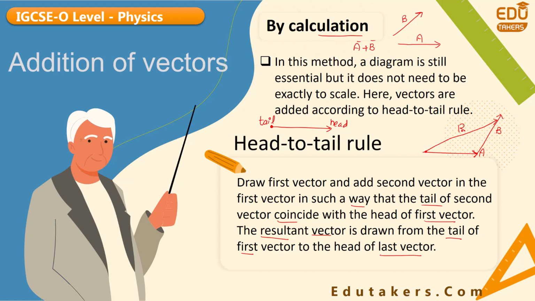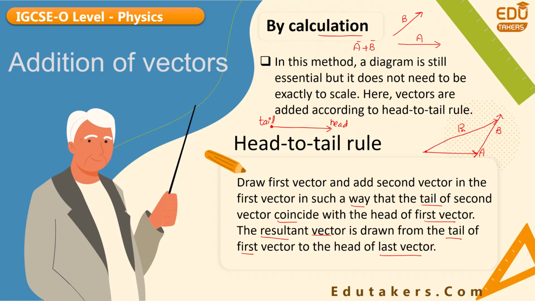So this method is basically the vector addition by calculation. You just need to follow the head to tail rule, which is that you draw the two vectors according to the given scale in the question. Then add the second vector to the first vector in such a way that the tail of the second vector will coincide with the head of the first vector.